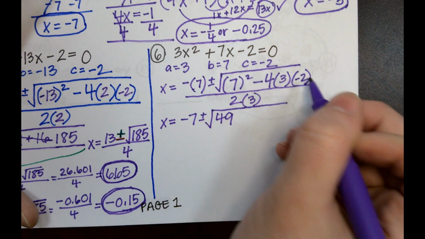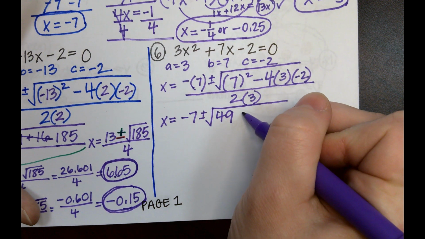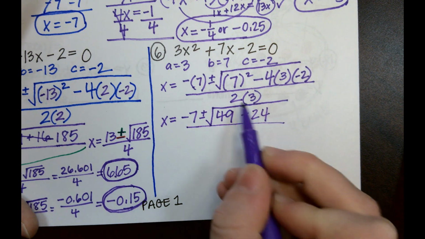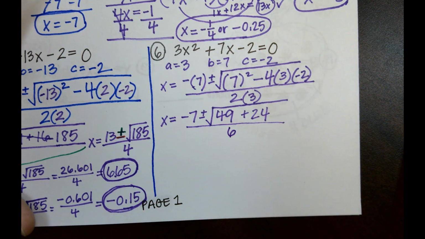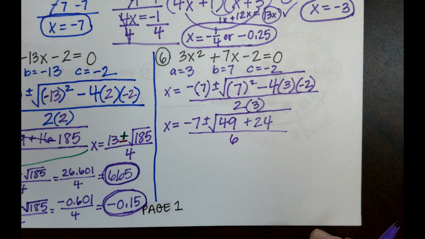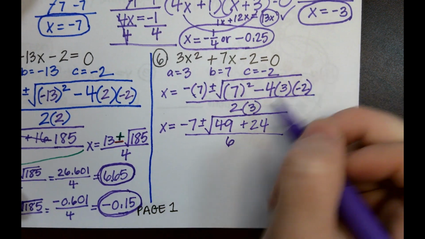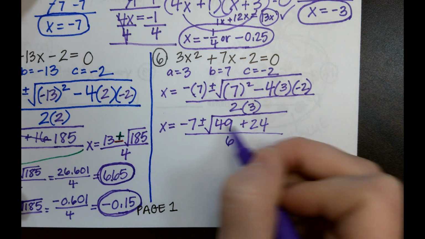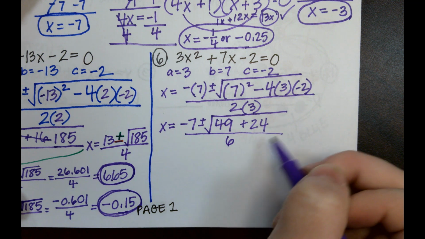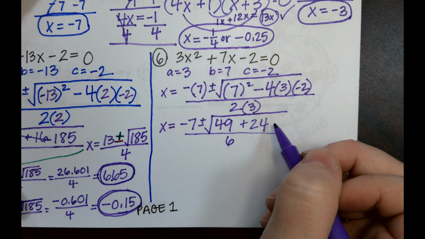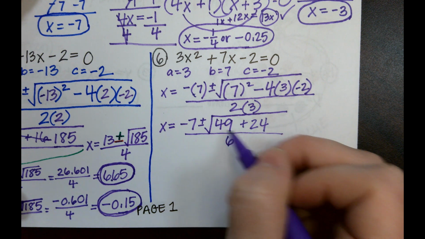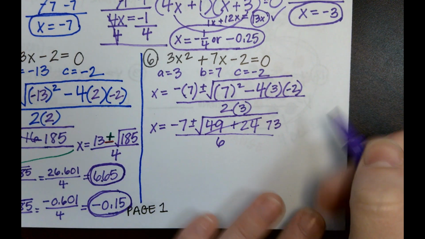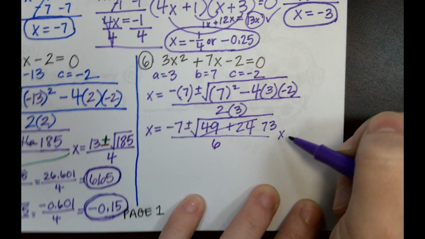Those two negatives cancel out, so we have 49 plus 24, divided by 2 times 3 is 6. What are we going to do inside this square root? 49 plus 24, 73.